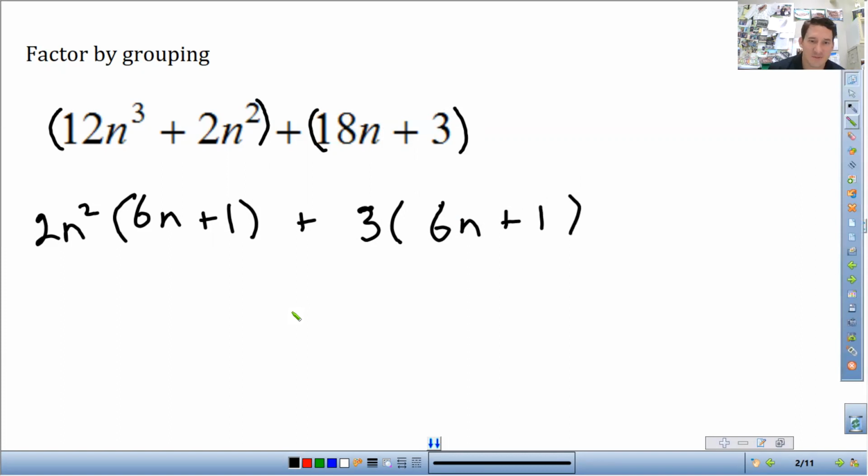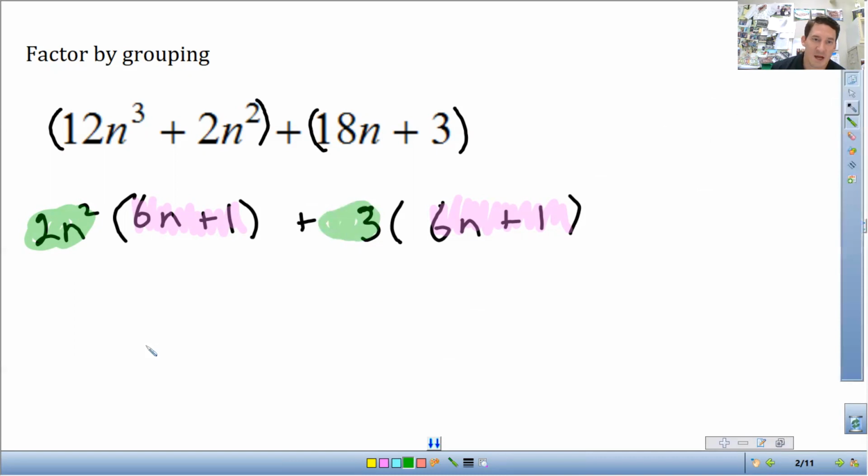What I want you to notice at this point, 6n plus 1, 6n plus 1, those should match at this point. If they don't match, it doesn't factor. They have to match at this point. So what you're going to do is, again with grouping, group the outside terms together. So 2n squared plus 3 get grouped together in its own binomial.